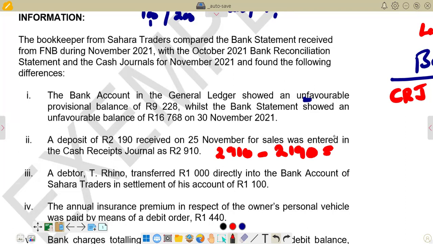So the answer that we have here is 720. It means we have a greater figure on the debit side of the bank account by 720. So to remove it, we go to the credit side and put our 720 so that we can cancel what is on the debit side. So we are going to go to the updated bank account and enter that.